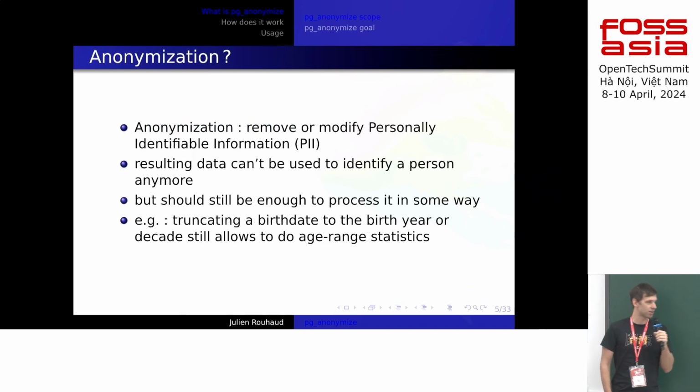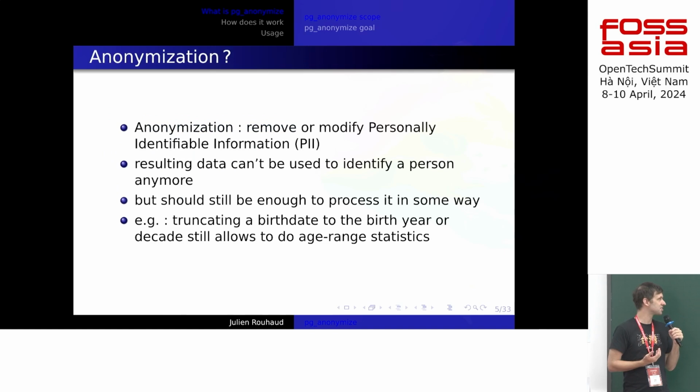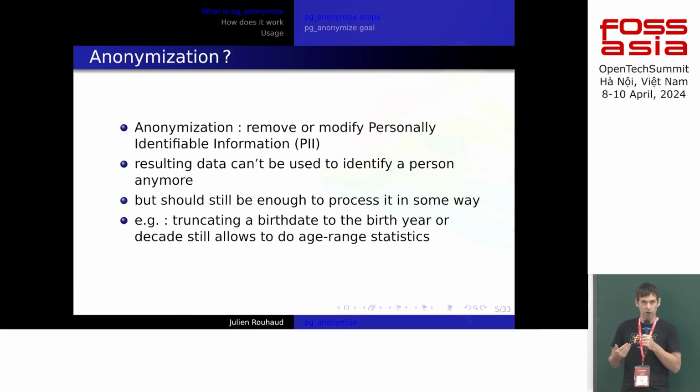So first, a bit of introduction in case you're not familiar with it. What is anonymization? The goal of anonymization is to remove or modify or degrade personal identifiable information, or PII, which is very popular to do recently, especially in Europe and the US. The idea is that once you anonymize the information, you can't use it to identify one individual in particular, but you can still use the data one way or another.